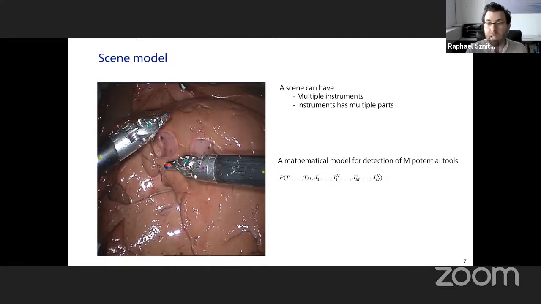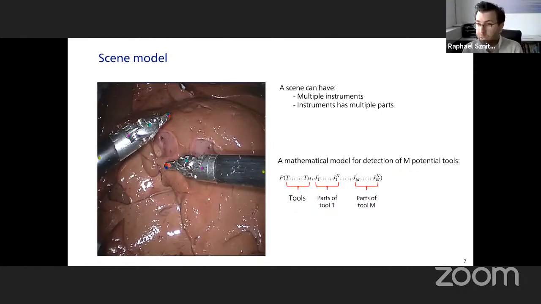Really what we were interested in was having a mathematical approach to detecting multiple instruments, and these multiple instruments have different parts. So you have the different tools, but also, for every tool, the different parts, and you want to somehow learn this joint distribution, which is highly complex.